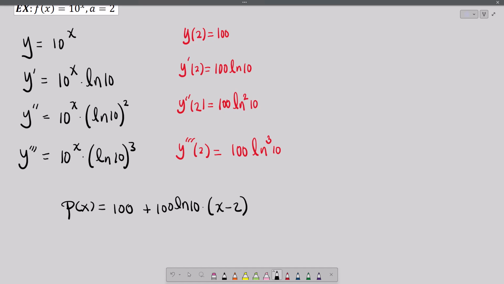So that'll be the tangent line: constant plus constant times x minus the center. And then we're going to go to the next constant, 100 natural log squared of 10, but we have to divide by 2 factorial, and that will be x minus 2 quantity squared. So you see the pattern.